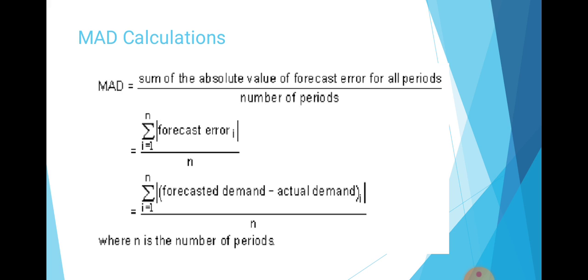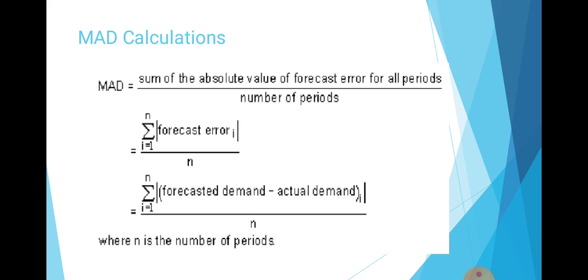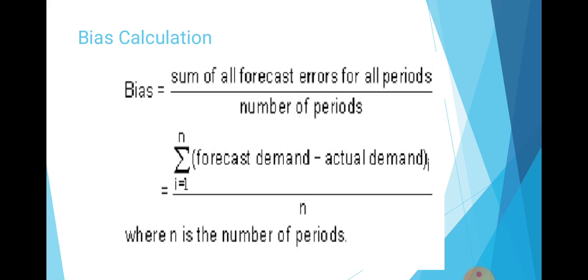So how can we calculate the mean absolute deviation? Mean absolute deviation is calculated using the formula: the sum of the absolute values of the forecast error for all periods divided by the number of periods. So we take the summation of the absolute forecast errors and divide it by the number of periods.